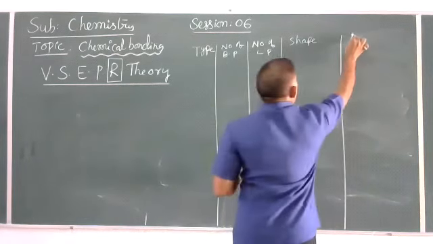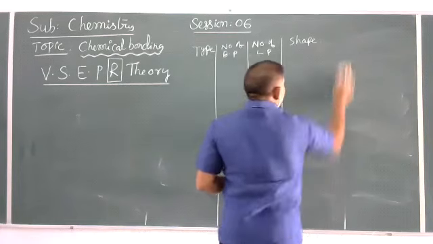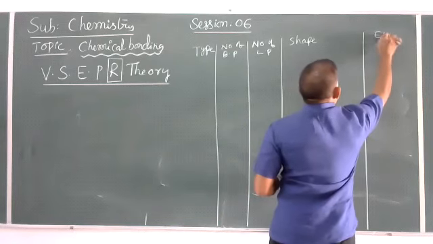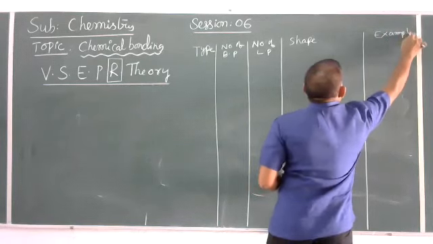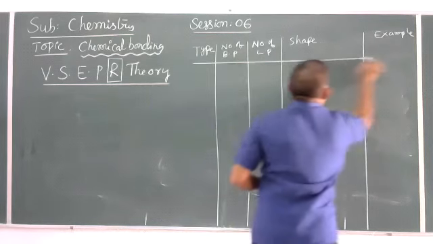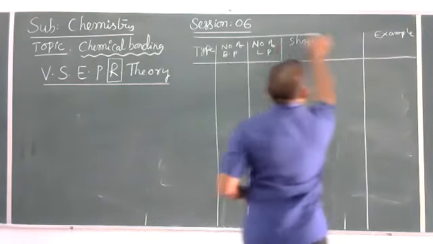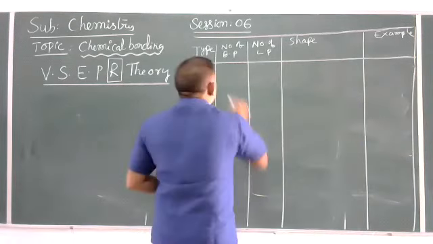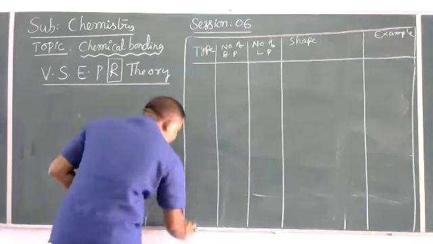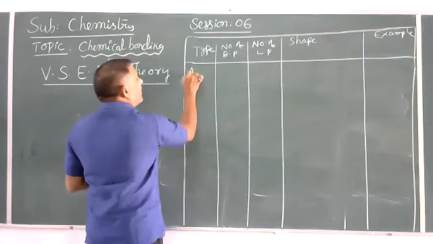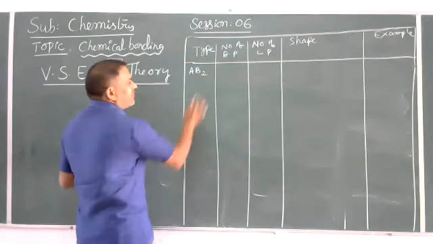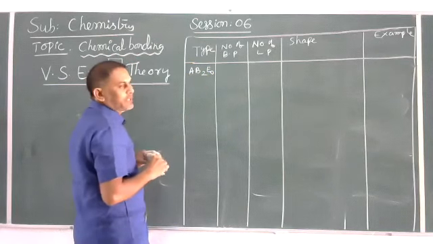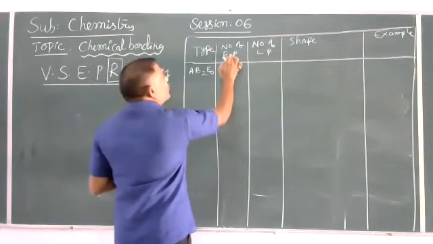Then the examples. The first example is the AB2 type model. There are no lone pairs, so we can take E as 0. All are bond pairs only.